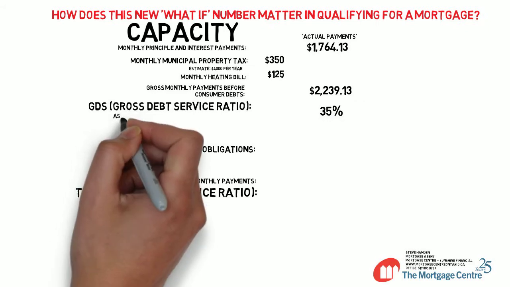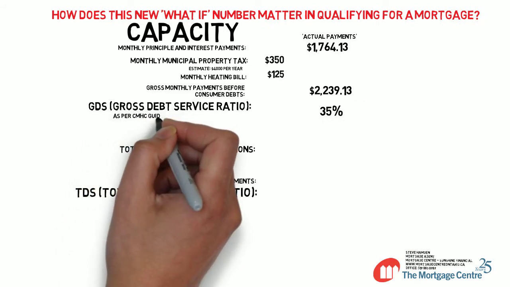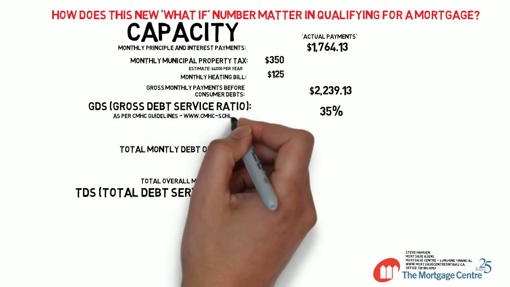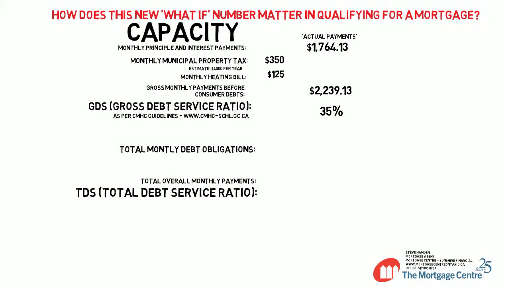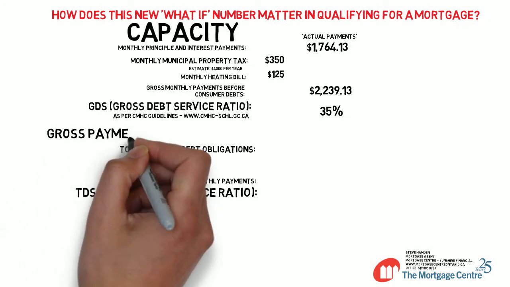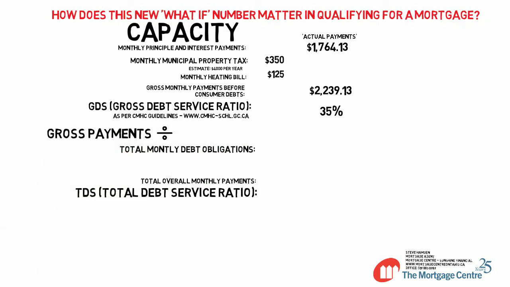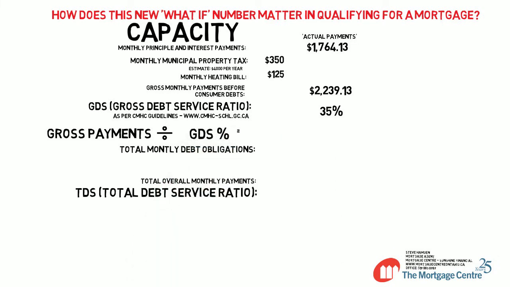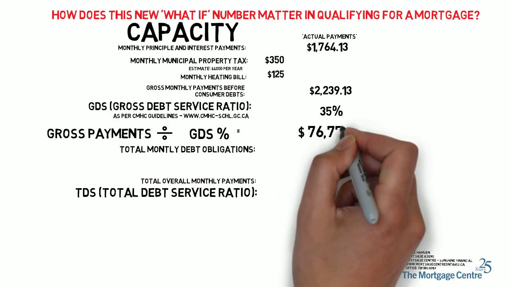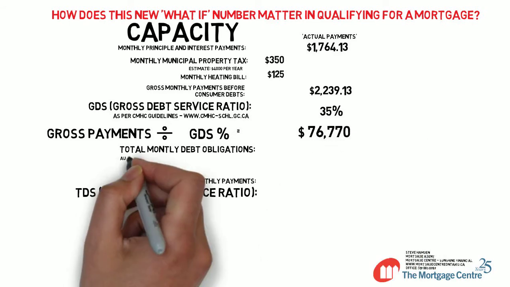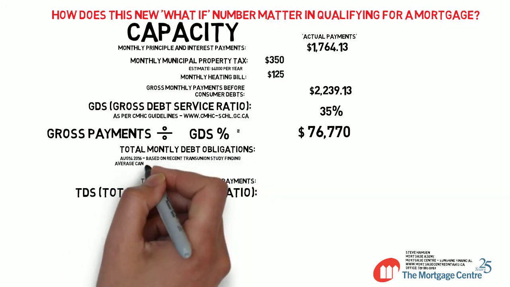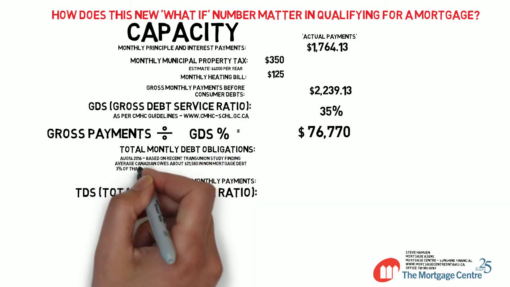CMHC has come up with a guideline of 35% as a service ratio, so we're going to take our gross monthly payments and divide it by the GDS percentage, which is going to give us an income of $76,770. Now that amount is if you didn't have any debts outside of the mortgage. That would be the income required under the old method to get a $400,000 mortgage.